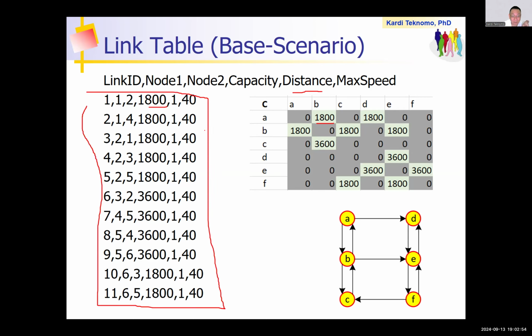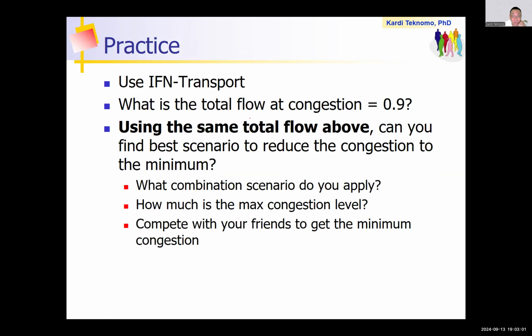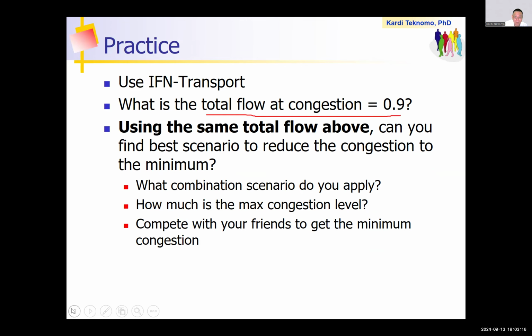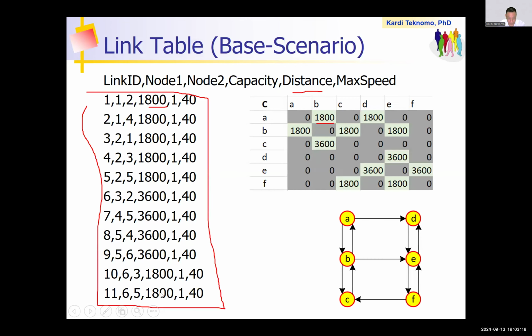Once you put in these nodes and links, you can use IFN transport, and you can set the total flow at a certain congestion level. So let's do that.